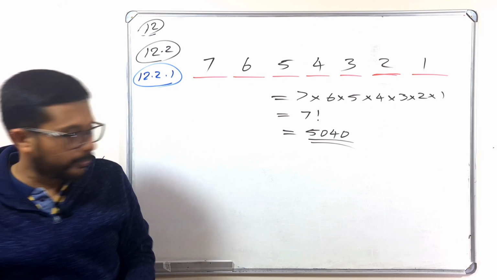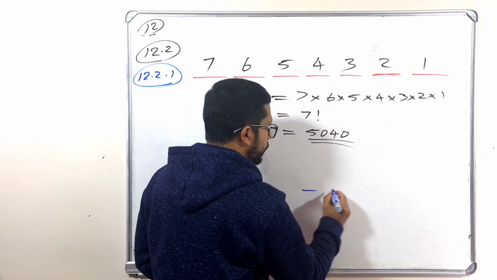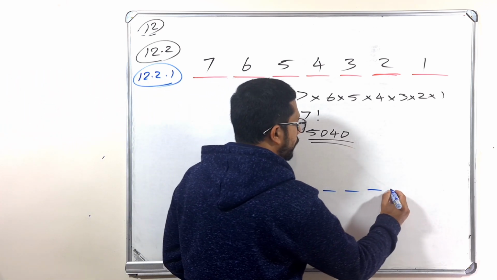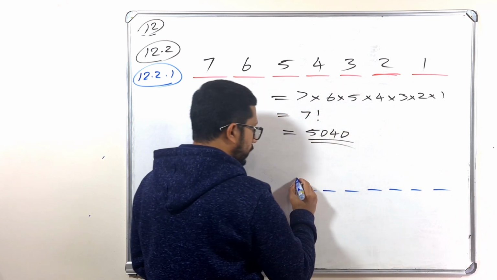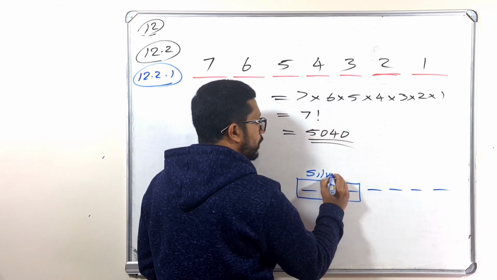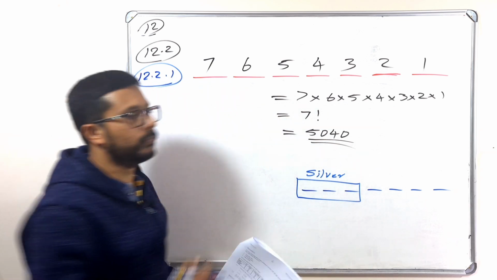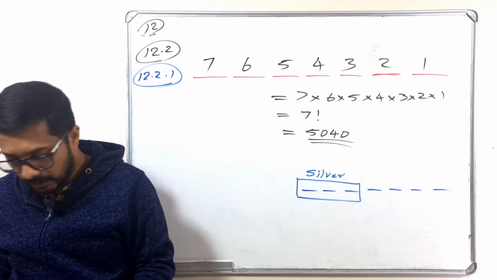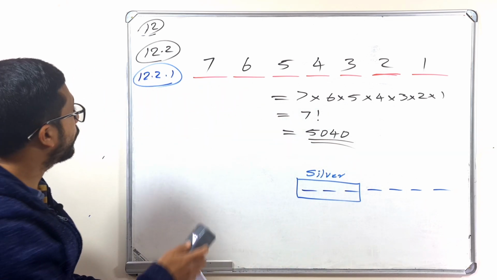Okay, so let me draw my cars once more here. 1, 2, 3, 4, 5, 6, 7. Out of these 7 cars, these 3 cars are silver. Okay, now next question, 12.2.2.